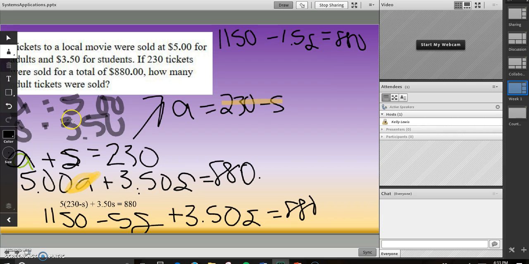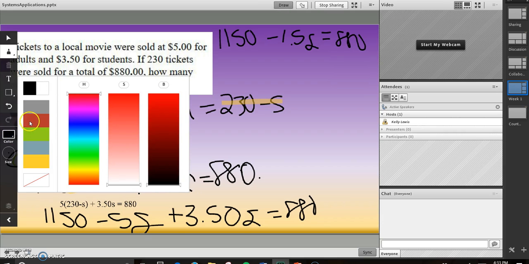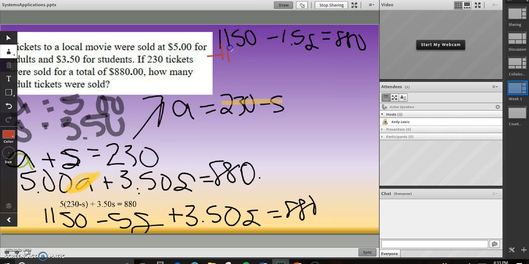And then that 1150 is a regular number, so I need to move the other constant. So that cancels.